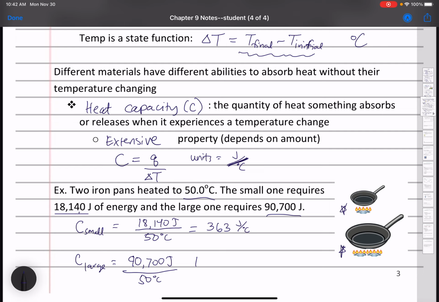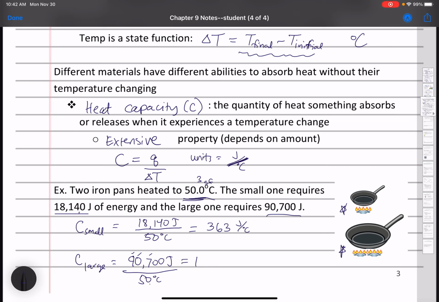So 18140 divided by 50 degrees Celsius, and this has 3 sig figs. Both my answers should have 3 sig figs. So 363 is correct. And in this second number, 9, 0, and 7 are all significant, so that has 3 sig figs. And my temperature also has 3 sig figs, even though I wrote it down here as 2.